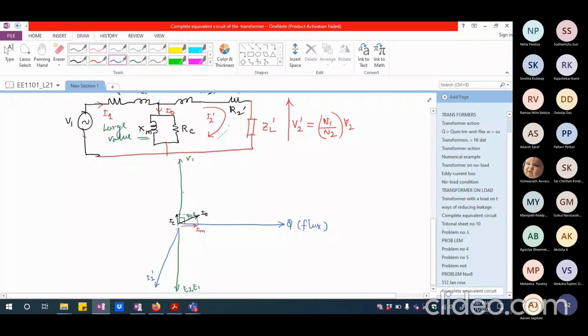Or I2 itself doesn't matter because turns ratio I have assumed it to be 1 right now. So that is I2 dash or I2. So when I try to draw it on the primary side, I should show it as though it is the reflected current. I'm just showing it on the other side so that I'll be able to add it with I0 very easily. That's the reason. Okay. So this is, let us say, I2 dash, whereas this is, let us say, I2. Let me show this as I2.